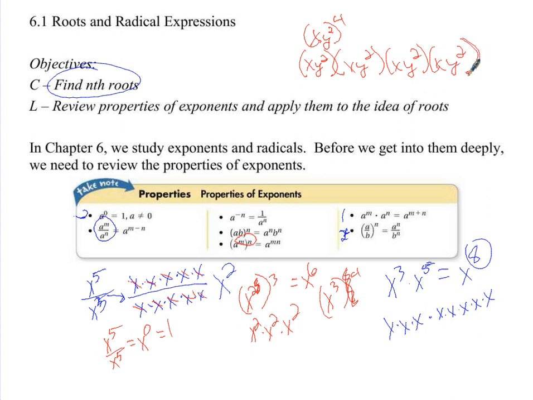Now, by the commutative property of multiplication, I can multiply this any way I want, which means I can go x times x times x times x, which is what? X to the 4th. And I can go y squared times y squared times y squared times y squared, which is y to the 8th. Technically, what I have is y squared times itself 4 times. And we just learned this rule right here. Anytime I have a power to a power, I multiply. And I wind up with y to the 8th.